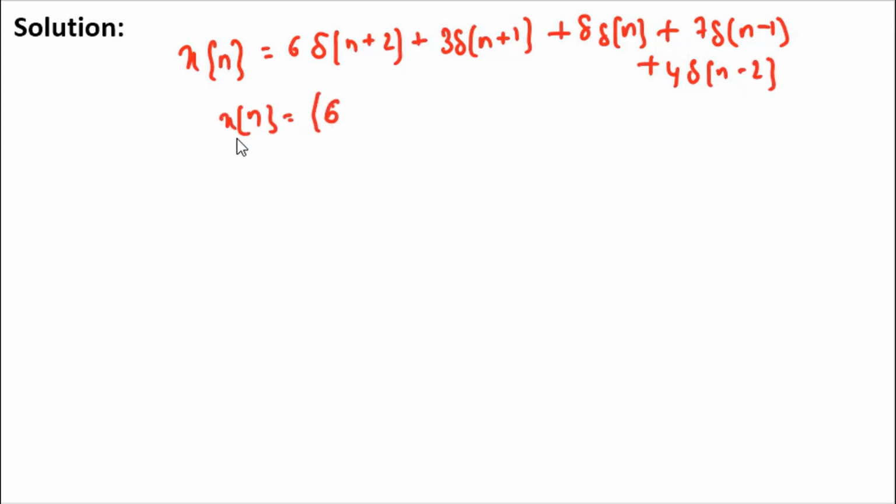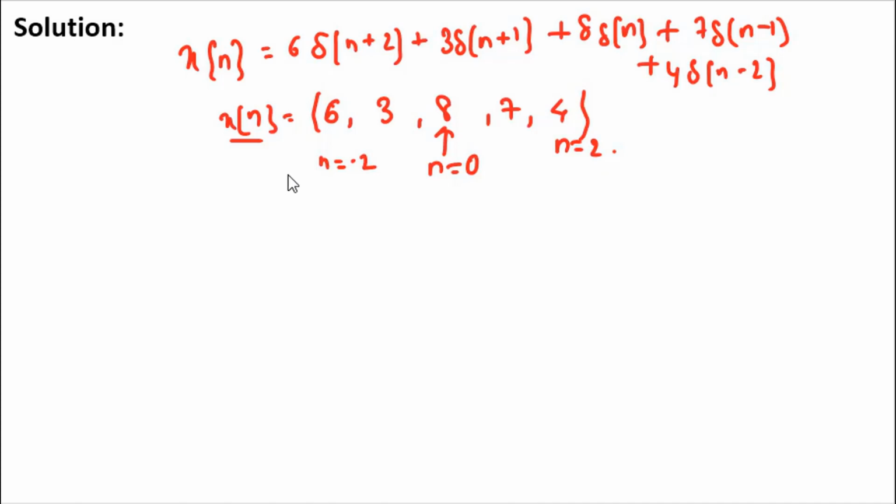So in the sequence form, it can be written as x of n equal to 6, 3, 8, 7, 4, and n equal to 0 is this point, that is 8. This is n equal to minus 2, and this is n equal to plus 2.